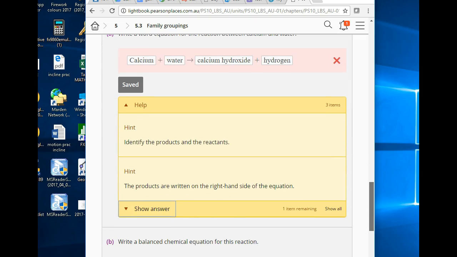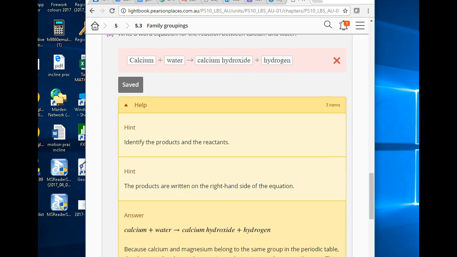I don't know what's wrong with my answer. I believe it's correct. So let's see what the answer is. So calcium, I think, can anyone guess? I'm guessing that it's wrong because, yes, what do you think?